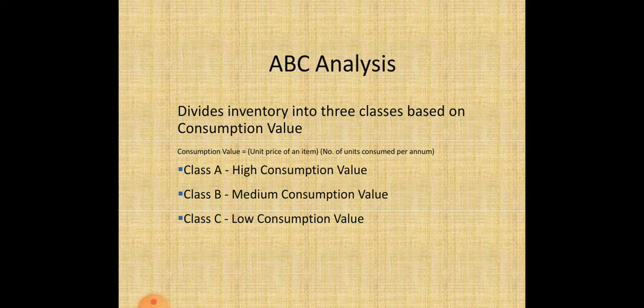For example, if we buy one machine, that machine costs me rupees 5 lakh, 10 lakh, 15 lakh, but the quantity is 1. So here there is a high consumption value. Class B is medium consumption value, that is of stores and spares. C is of low consumption value, where we are talking about material.